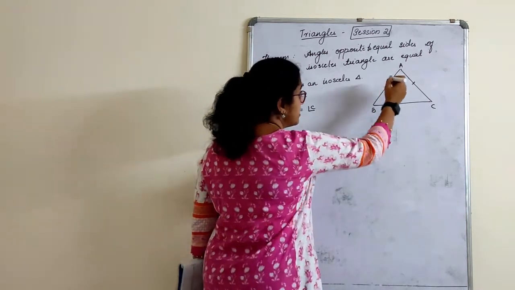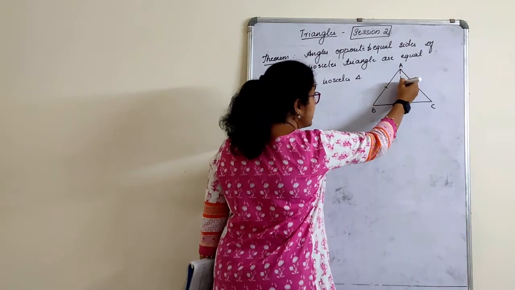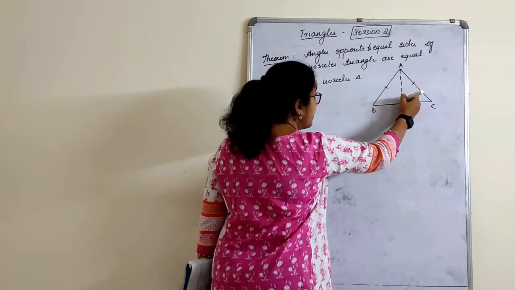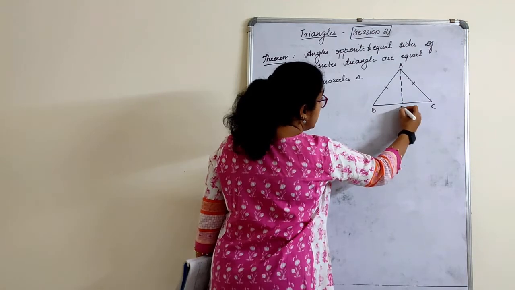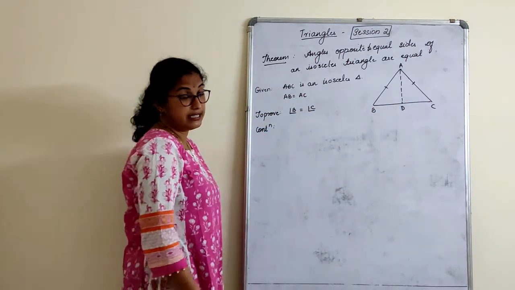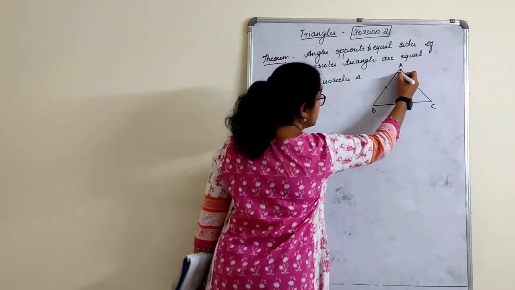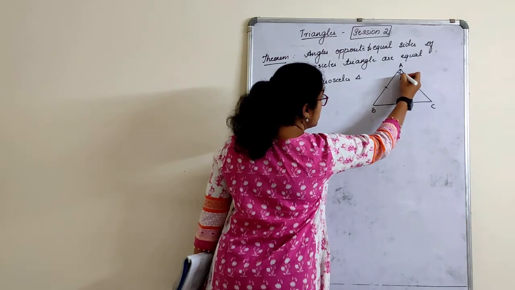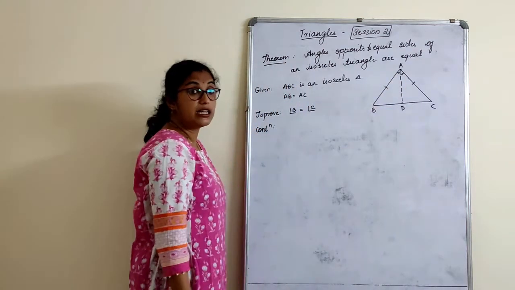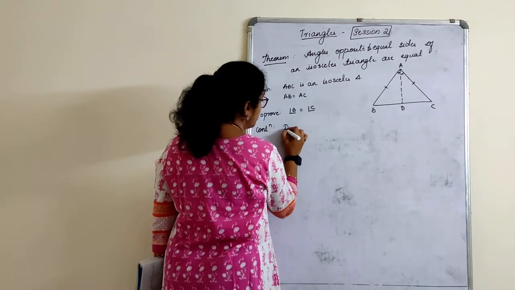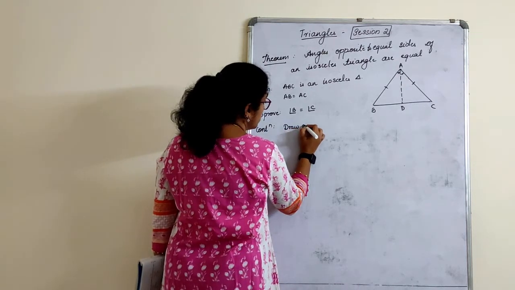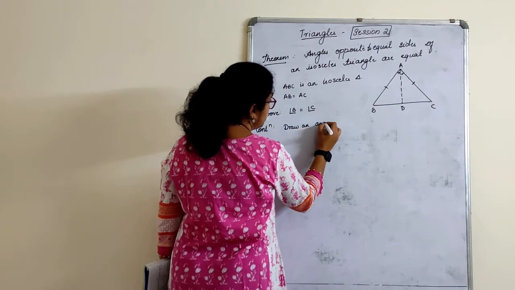We draw an angular bisector for angle A on line BC, touching at D. The angular bisector means this angle is equal to this angle. These both angles are equal. Construction: draw an angular bisector.